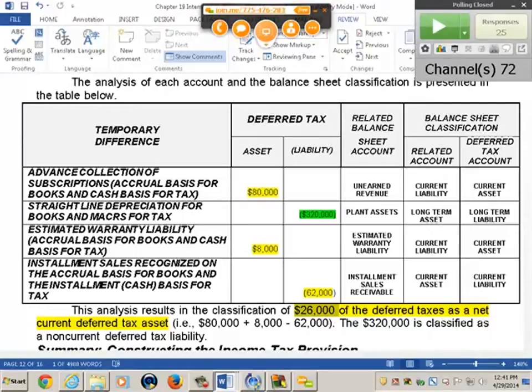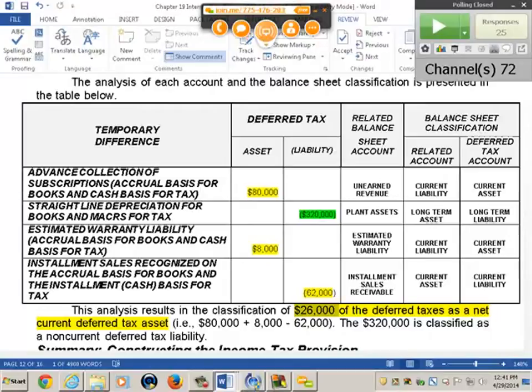And then under current liabilities, you're going to have the 62,000 DTL of 62. That just assumes the right to offset does not exist. Yeah, so this would be in a different state and you couldn't offset it.